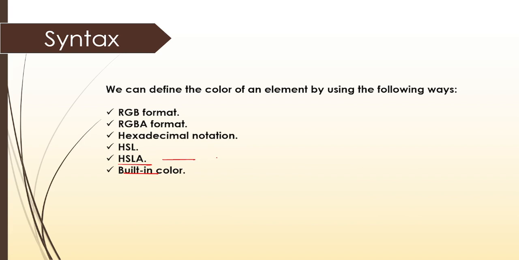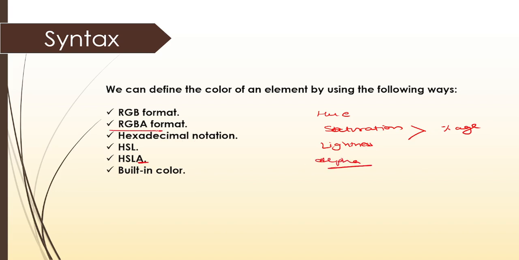First is HSLA. Here H stands for hue, S stands for saturation, and L stands for lightness. The value of saturation and lightness is in percentage. Now here we have A. A stands for alpha.